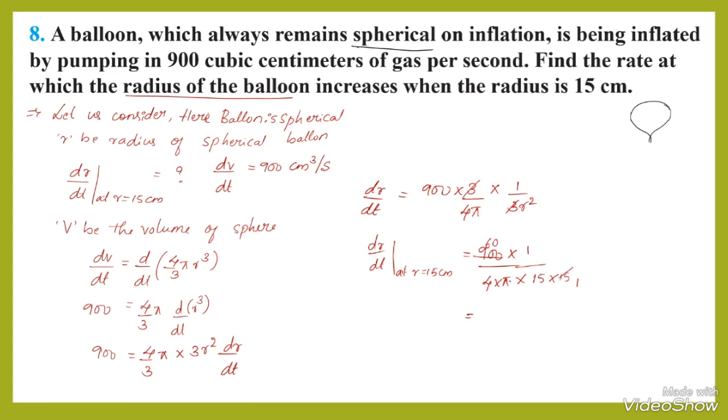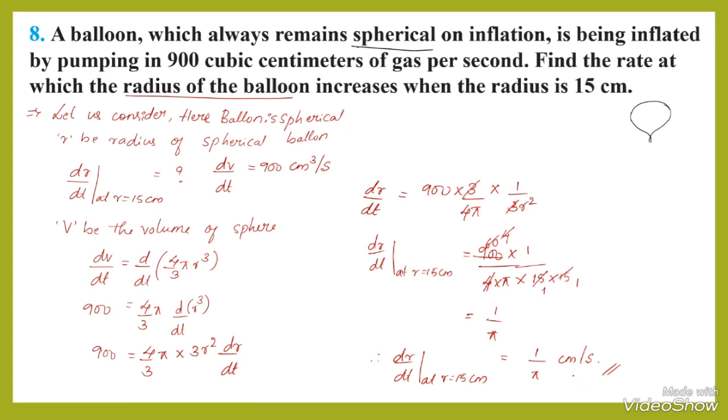Again 15 ones are 15, the 4s get cancelled. We have 1 by 5 only. Therefore, the rate of change of radius at r equals 15 centimeter is 1 by 5 centimeter per second. This is the result of the given problem.